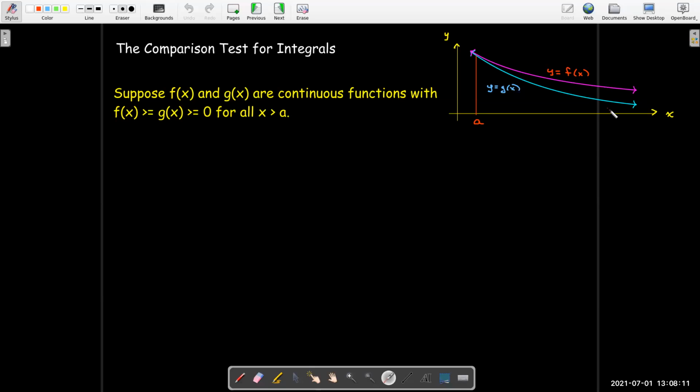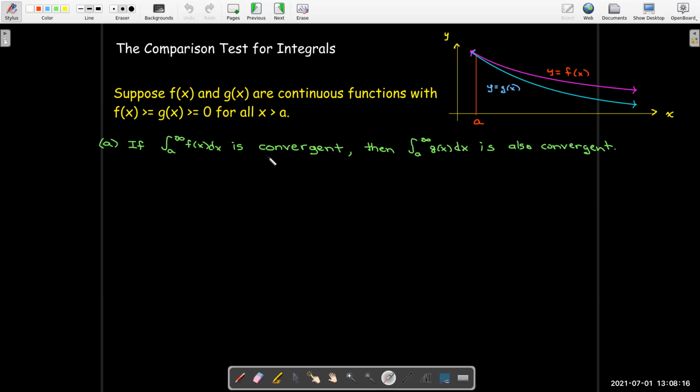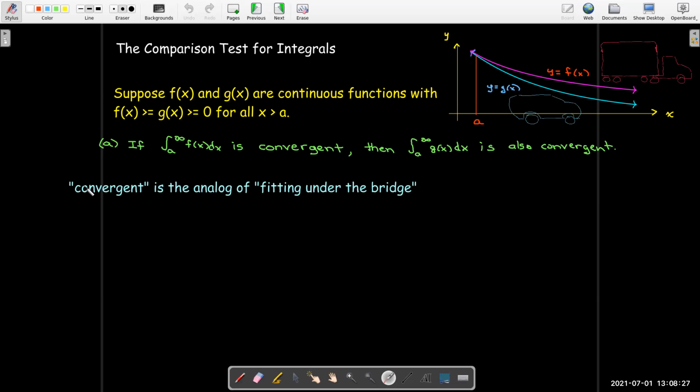And the comparison test says that, okay, if the big one is convergent, then the little one has to be convergent as well. In other words, if we say convergent, meaning the analog of fitting under the bridge, then we would say, oh, the improper integral from a to infinity of the big function, if that one fits, meaning is convergent, then the small one has to be convergent as well.